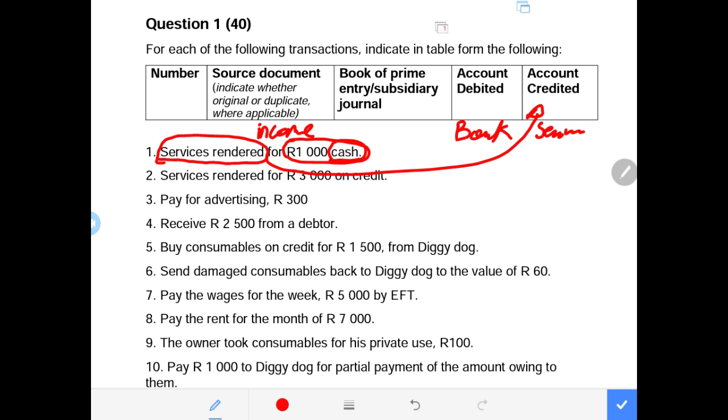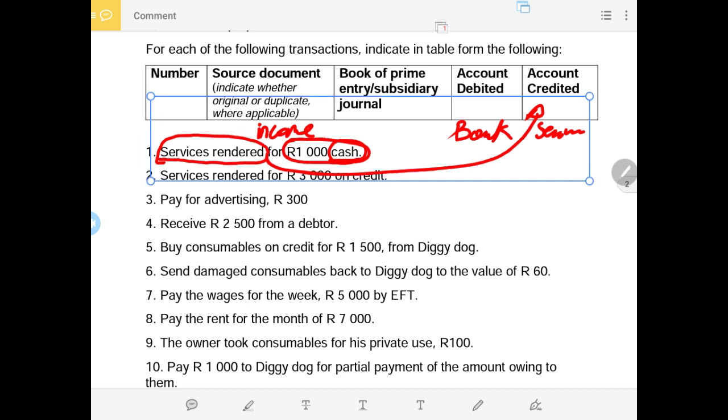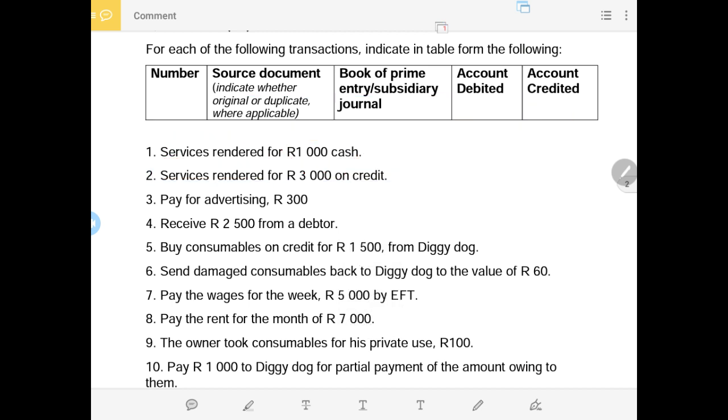That is why cash will be affected as a plus in our bank account. Remember, bank is an asset, and assets increase on the debit side. Whenever we receive more money, bank will be affected on the debit side, which is the left-hand side in the T account. Please note that we don't write the plus or minus in these transactions, we just record in the relevant side.